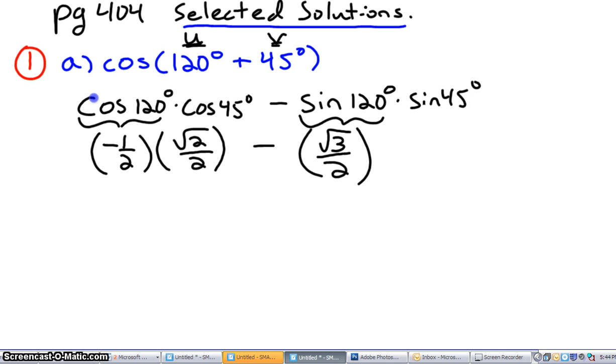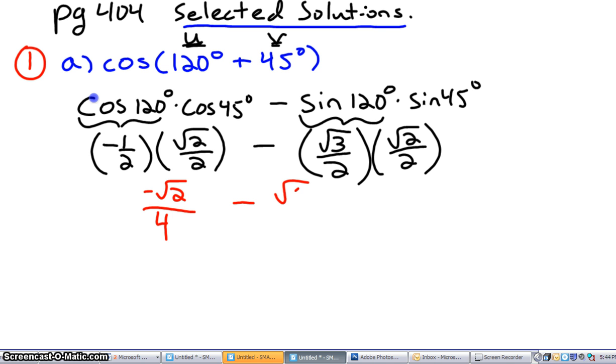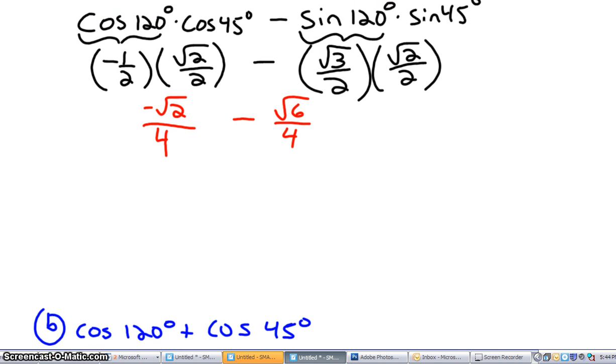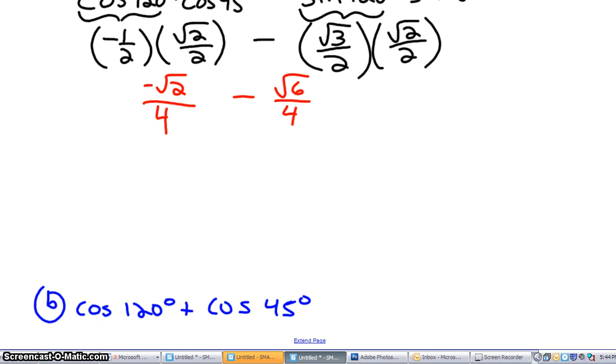And of course, sine of 45 is radical 2/2. Now, simplifying and coming up with the common denominator, as luck has it, they both already give us a value over 4. We can put these two fractions together, leaving us with negative radical 2 minus radical 6 over 4.